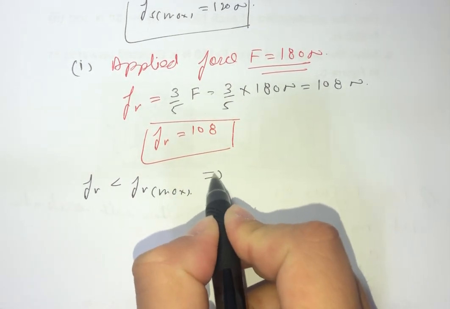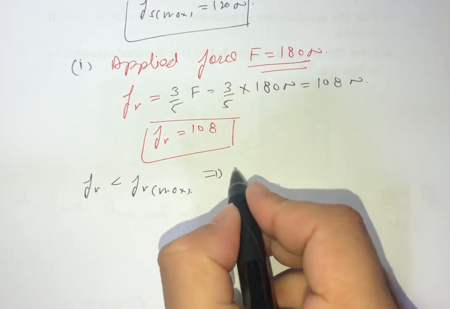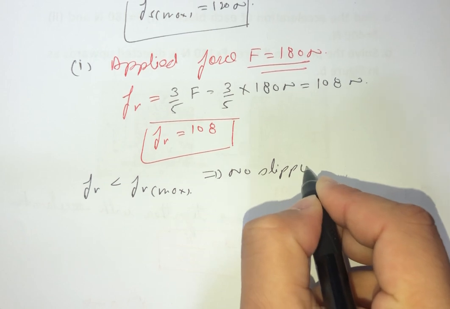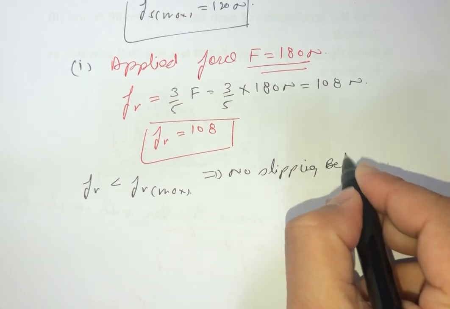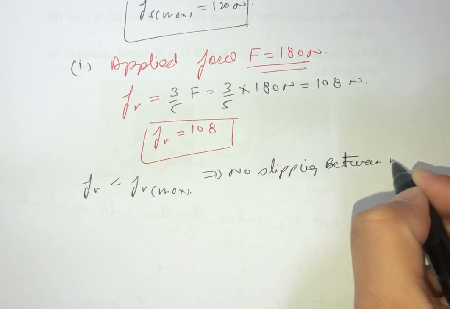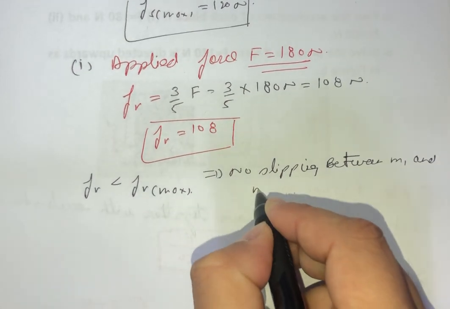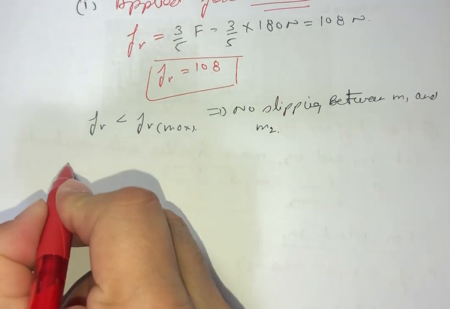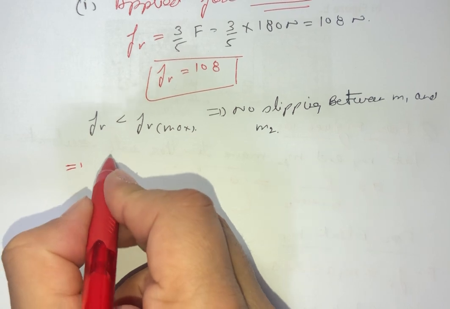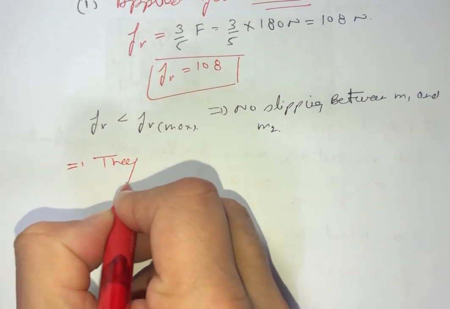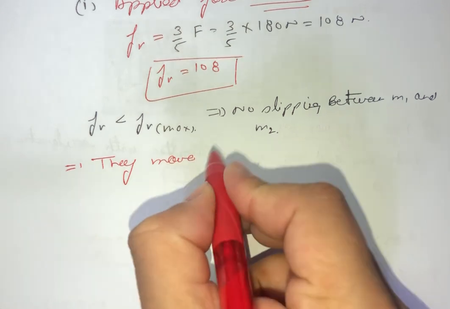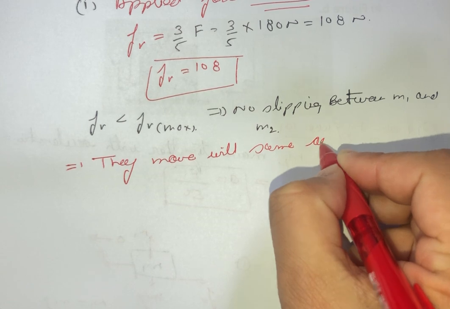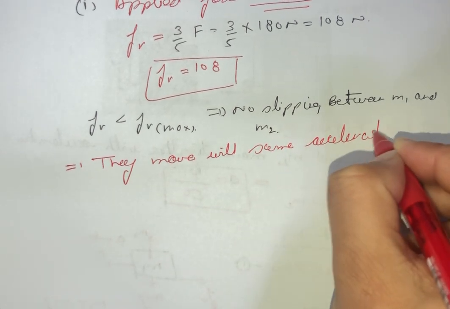So under this condition, there will be no slipping between M1 and M2, which basically means they move with the same acceleration.